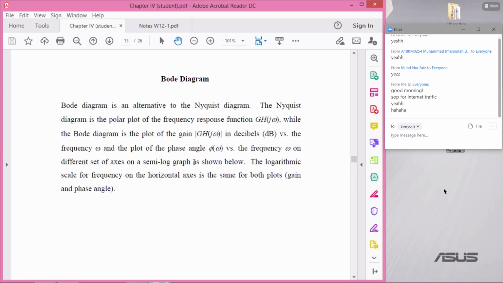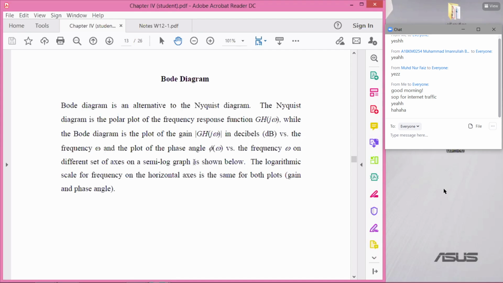In the Nyquist diagram, you have a single plot. You have the magnitude and angle in a polar plot. So in the Bode diagram, we have horizontal and vertical axes, and you're going to have two plots.